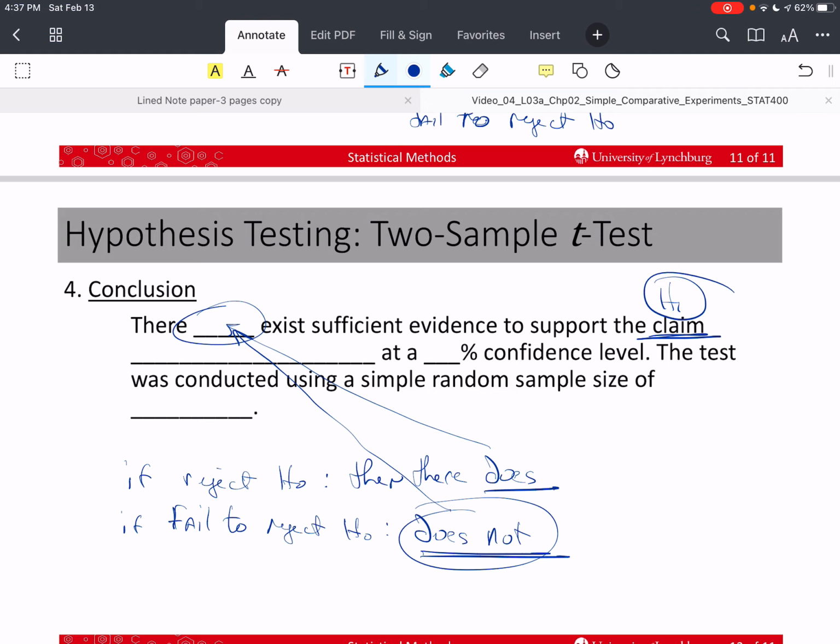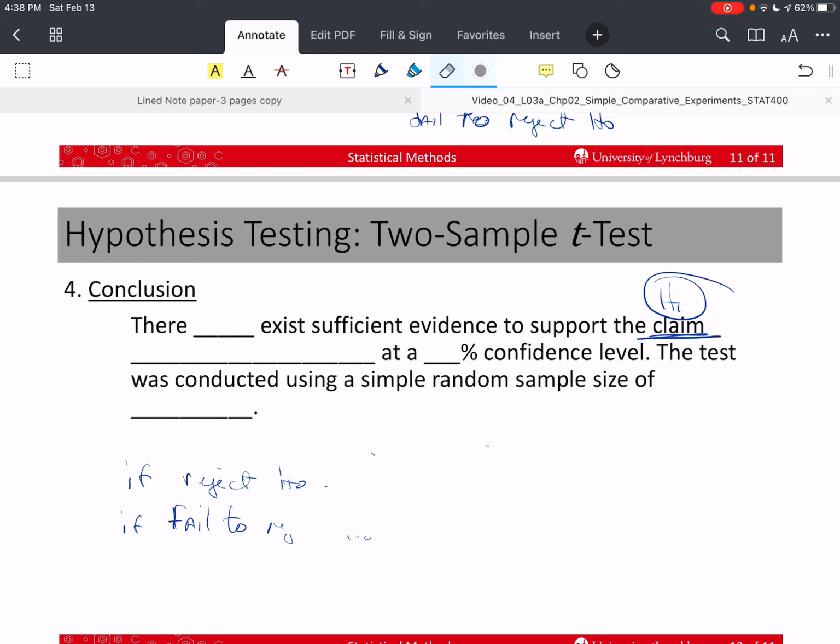If we reject the null, then there does exist sufficient evidence to support the claim. That's what it took in order for us to reject the null. If we fail to reject the null, then there does not exist sufficient evidence to support the claim. So the baseline is that we're going to not reject the null unless there's overwhelming evidence that it's not true.